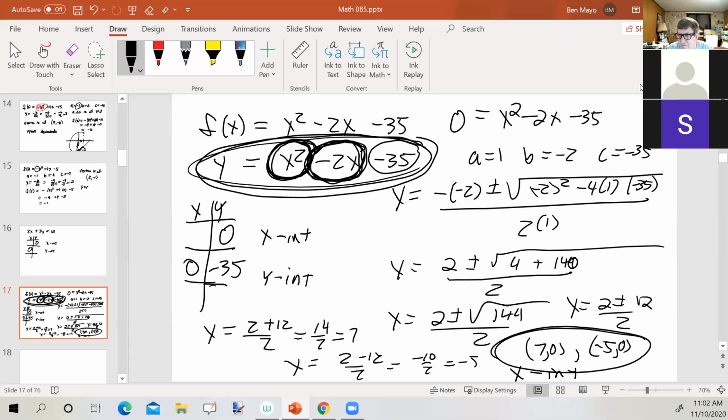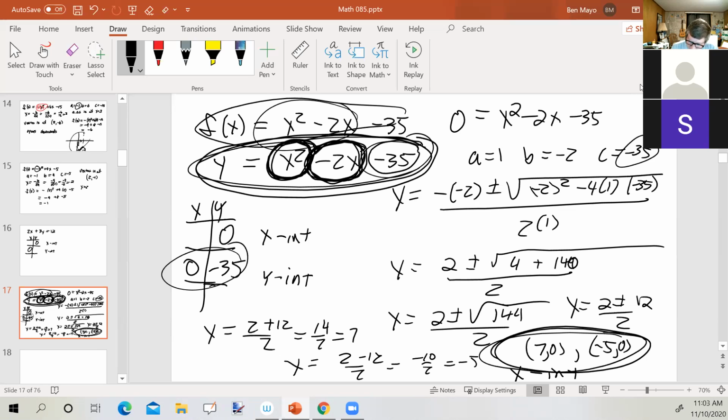C. So when it's in this form, ax squared plus bx plus c, c is going to be the y-intercept. So we use the quadratic formula to find the x-intercepts. And if you let x equal 0, the first two terms disappear, so that c value is the y-intercept. So this graph has two x-intercepts and one y-intercept.